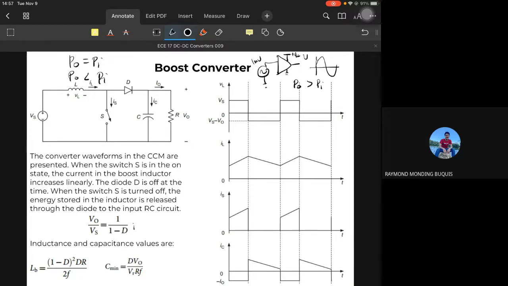May trade-off. For ideal conditions, PO is equal to PI, kay kung mosaka ang VO, ninaog ang current compared sa current nga mo-flow sa input. So yes, dili siya technically ma-consider nga amplifier. Boost gyapon ang gamit nga term, i-boost niya ang voltage level sa input.